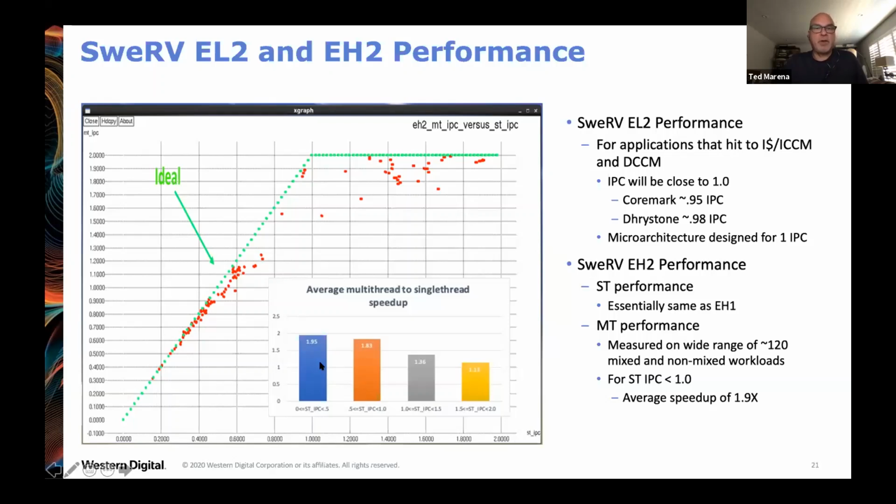We ran a number of different applications and software. If you look between just over 0 instructions per clock cycle to a half, we were able to get nearly a 2x gain, which is what you expect. This is kind of perfect.